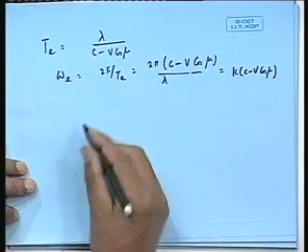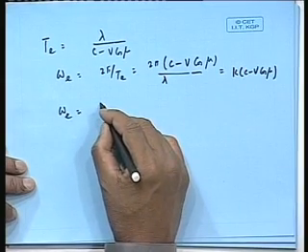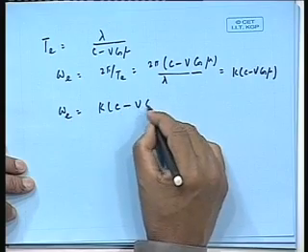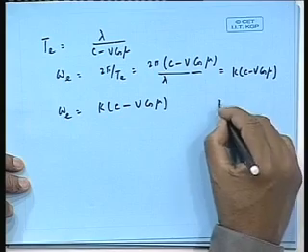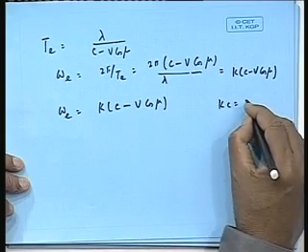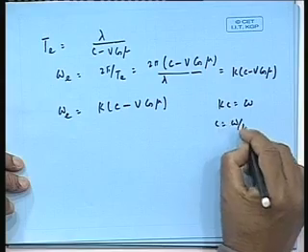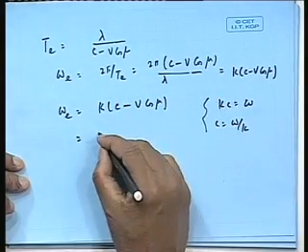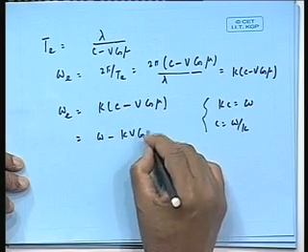So omega E becomes k into c minus v cos mu, but kc equals omega, because by definition c equals omega by k. Using this relation, it turns out to be omega minus k v cos mu.